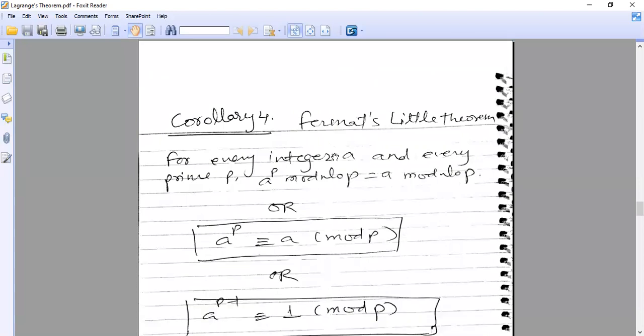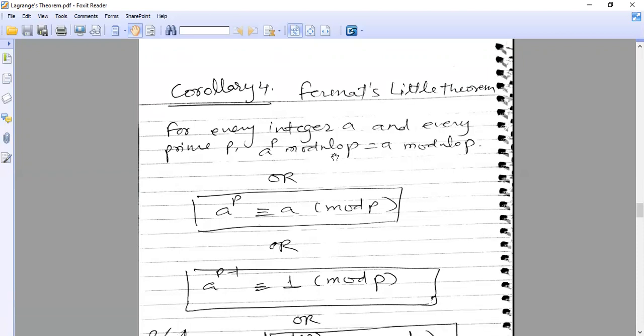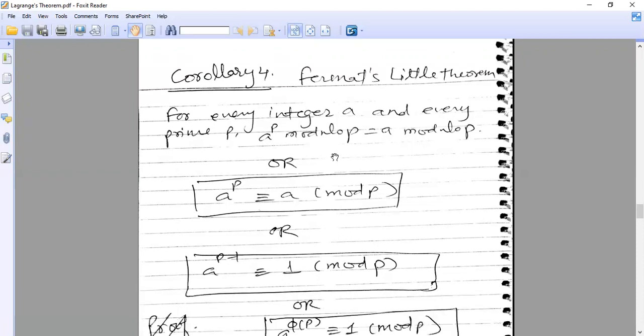Fermat's little theorem is used in many applications where you have to simplify calculations when you have to calculate higher powers. So that time it is useful. So what is Fermat's little theorem?